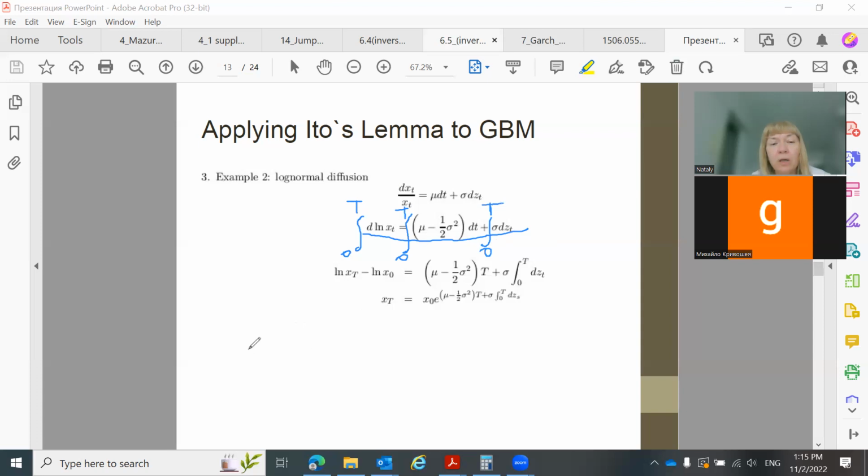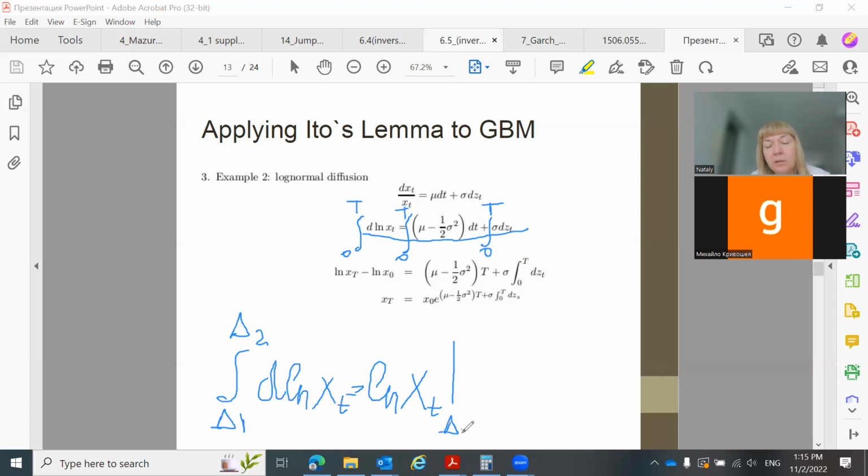But in your homework, for example, you may need to find the integral from delta 1 to delta 2 of d ln xt. Then it will be ln x delta 2 minus ln x delta 1, or for example it can be t1, t2.